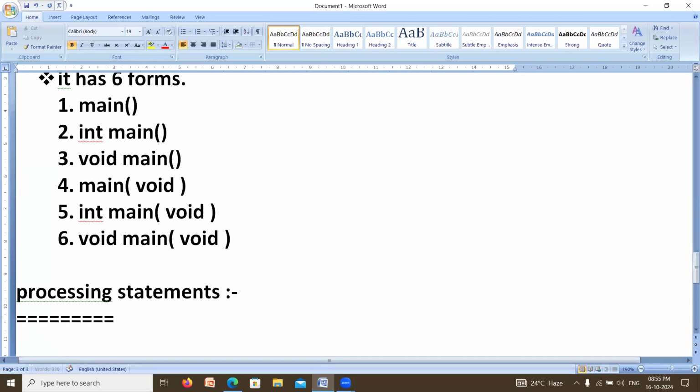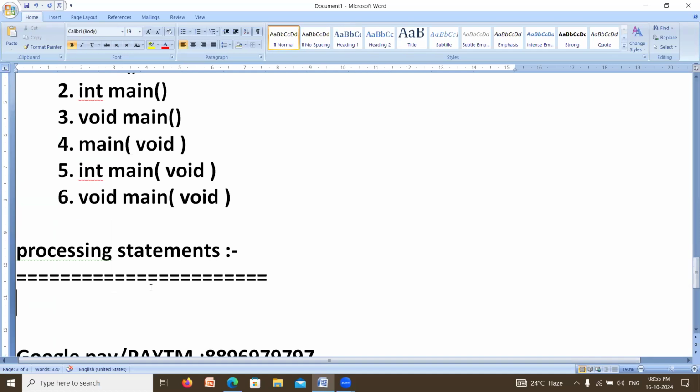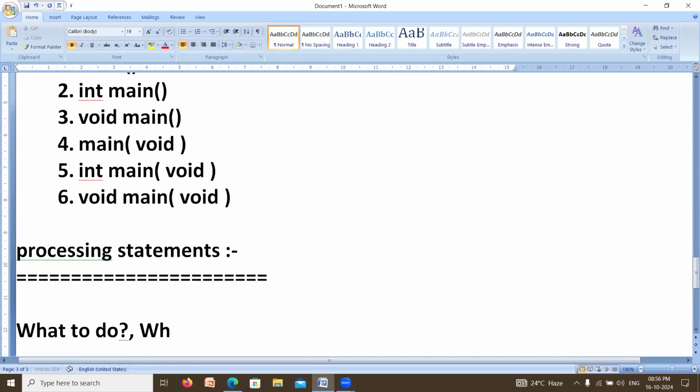Friends, the last one is, what are processing statements? Suppose there is a problem. For every problem, we will have a solution also. That solution is nothing but processing statements. The solution will contain three types of statements. First one is what to do in order to solve a problem. Second one is when to do it. Third one is how to do it.